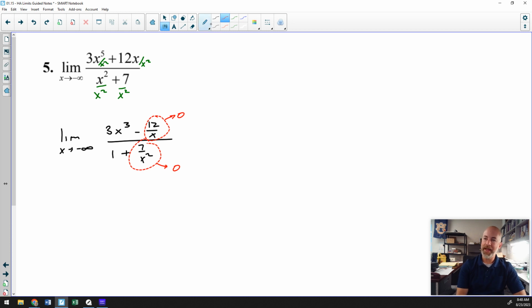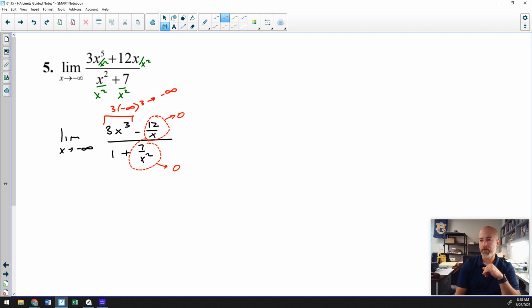However, I still have this one right here, which is 3 times negative infinity cubed. If you cube infinity, it's just going to get even larger. But if you cube a negative, that will remain negative. So 3 times an infinitely large negative number cubed will go towards negative infinity.